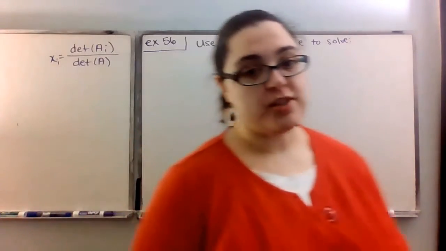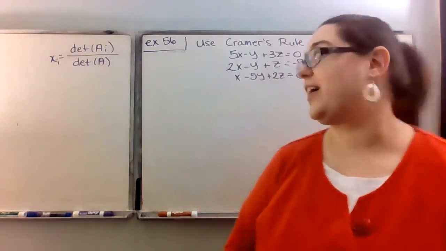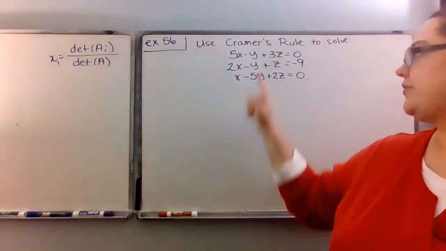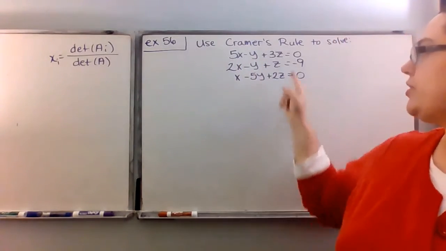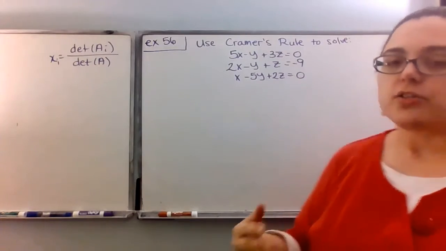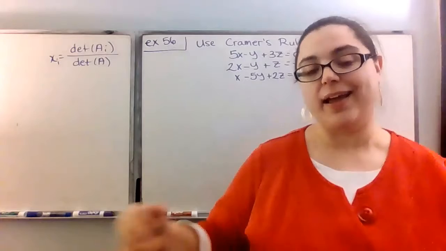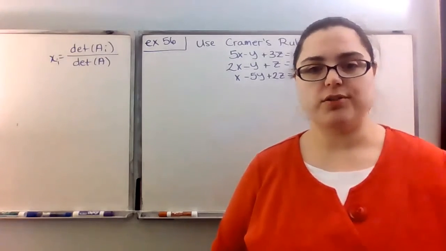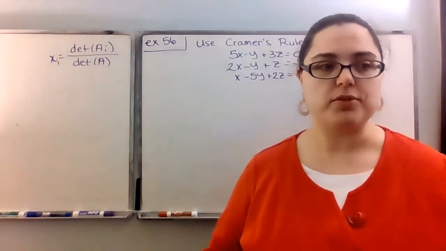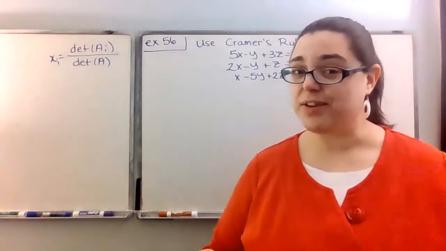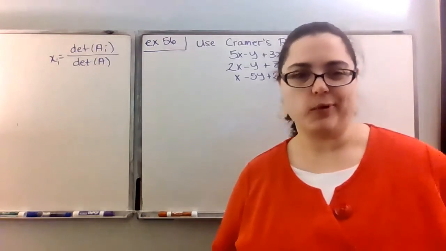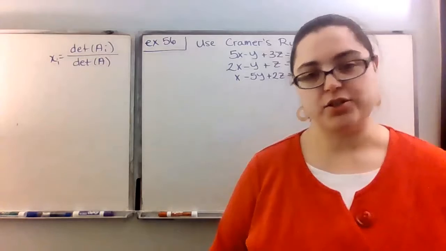Now, because we were told to solve, we're going to have to use Cramer's rule to find X, and then we'll use it again to find Y, and then we'll use it one more time to find Z. So sometimes you might be asked to use Cramer's rule to solve a whole system, and other times you might just be told solve for Y with Cramer's rule. So make sure you read the directions carefully because you don't want to do more work or less work than what you're being asked to do, right?